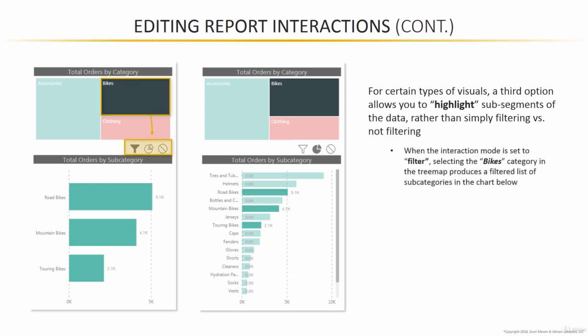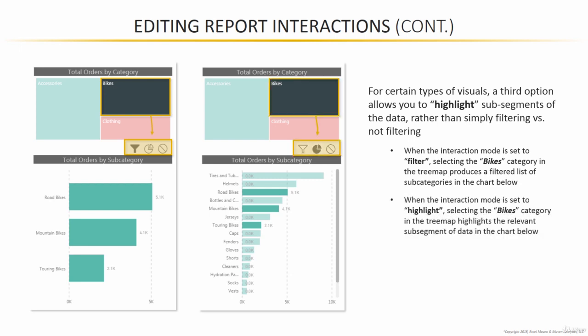So in the first case here on the left, when the interaction mode is set to filter, then when we select bikes from the tree map, it produces a filtered list of subcategories in the chart below. So all we see are road bikes, mountain bikes, and touring bikes.